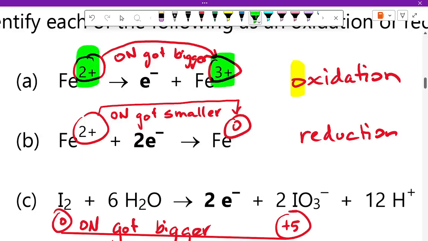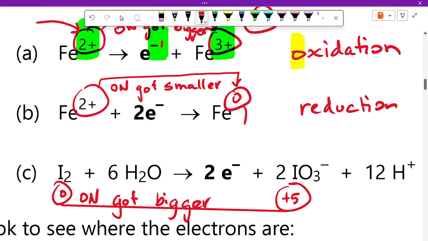We have 3 positive on the right, but we also have -1. So what is the total charge on the right-hand side? 2 positive. Is that what it was on the left-hand side? Yes. So that is balanced in terms of charge. That's how we know we have the right number of electrons, okay, is that it makes the charges equal.